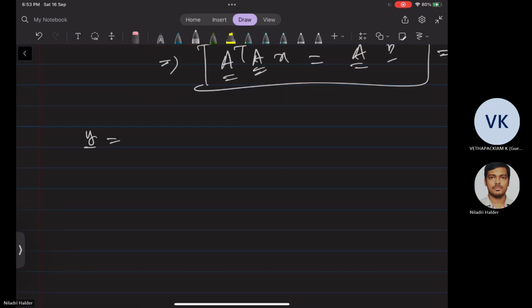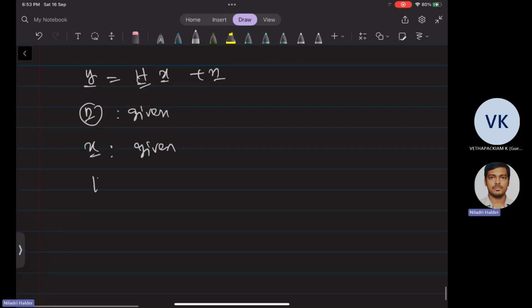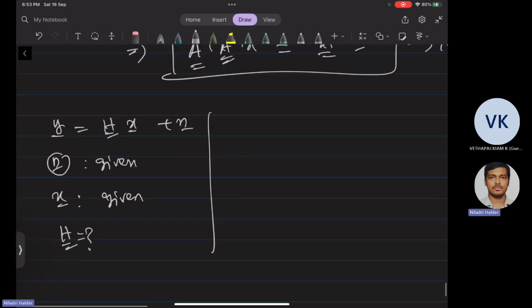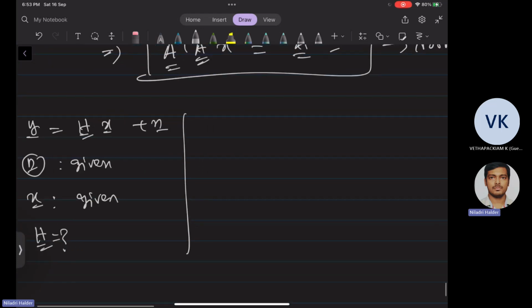Suppose you're saying Y equals HX plus N. So Y is the data, this is the given measurements, and X is also given. So how to find H? This is not the vector case. Let us first take a scalar case. It will be easy.